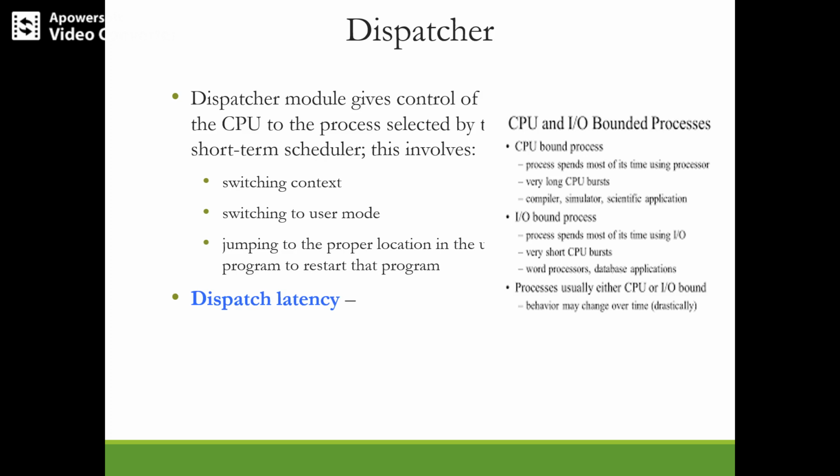That particular time is called dispatch latency. So dispatch latency is the time taken by the dispatcher to stop one process and start another process running. Okay. So let's differentiate between CPU bound process and IO bound process.